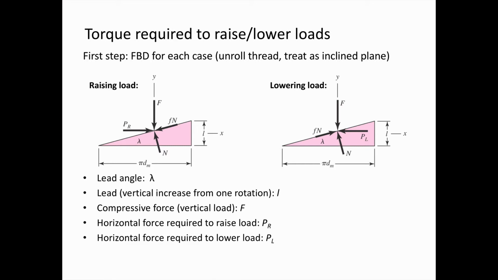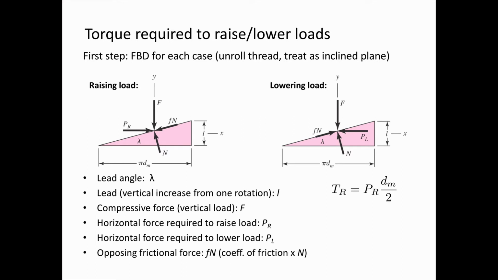And then if we look at the right, lowering the load is a bit different. If we want to move an object down this inclined plane, we're pushing from right to left with the force P sub L to move the object to the left. And this time, the friction force, F times N, is still opposing motion, and so now it acts in the opposite direction.